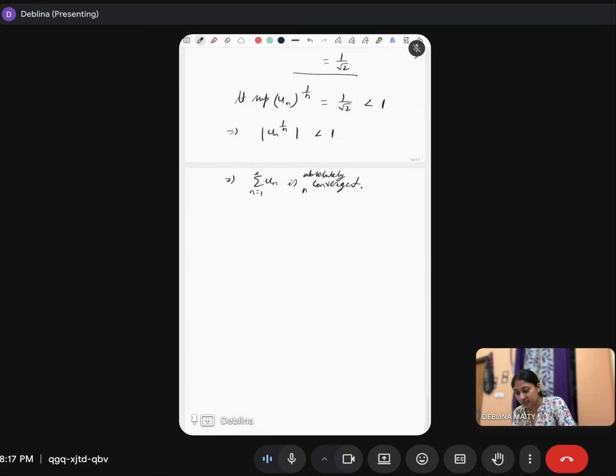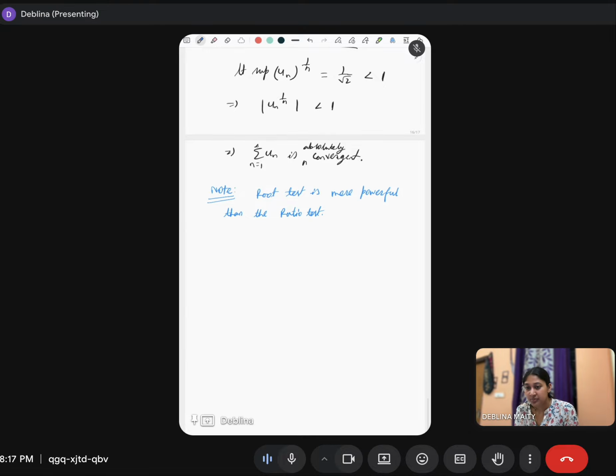So your note is that the root test is more powerful than the ratio test.